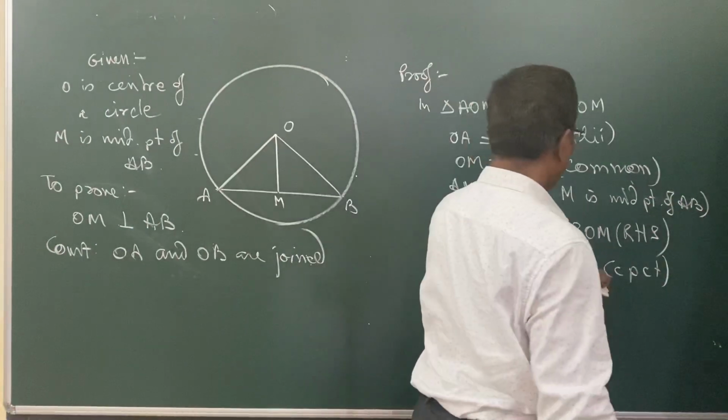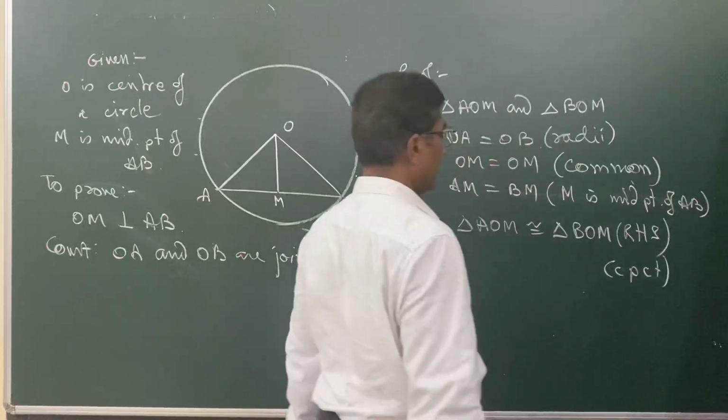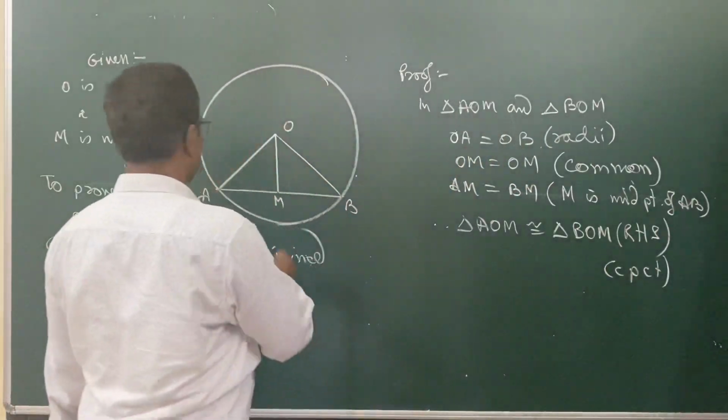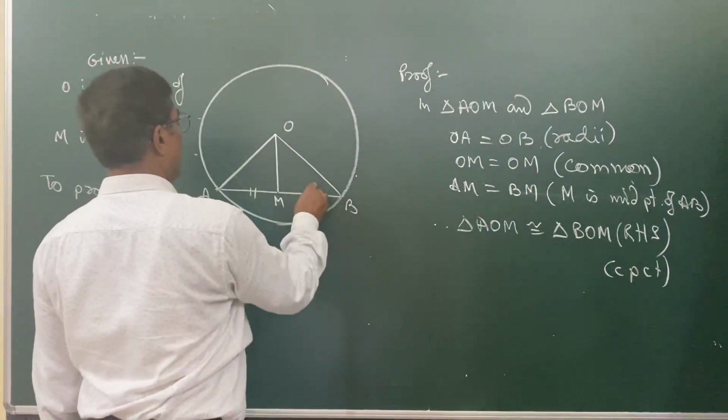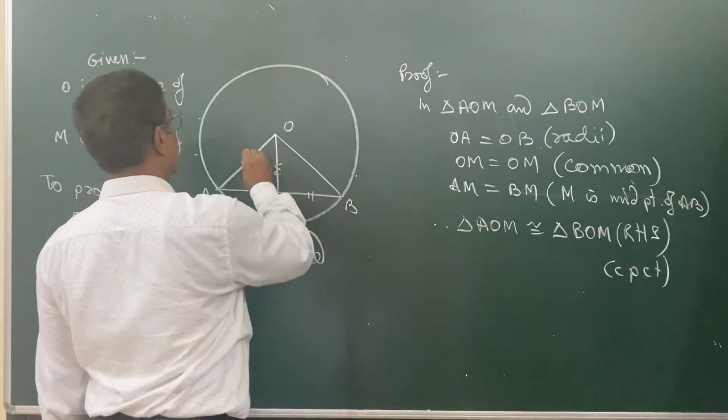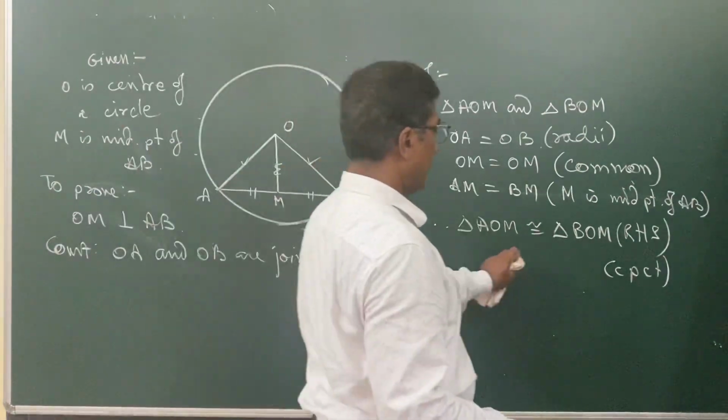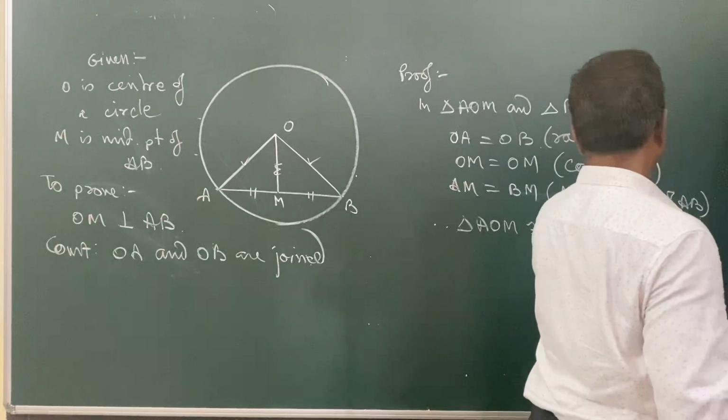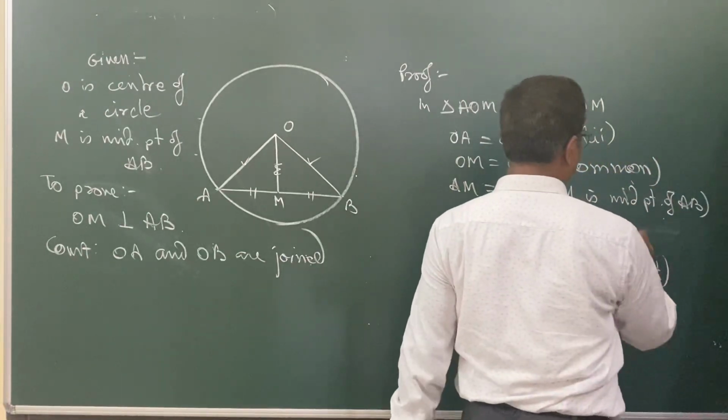So the triangles are congruent, isn't it? AM, BM equal, OM is common, this is radius, this is radius. So the triangles are congruent. Reason: side, side, side.